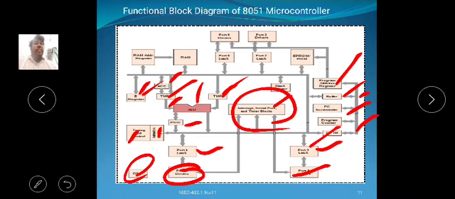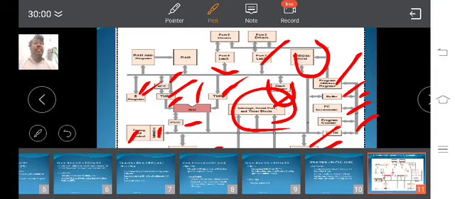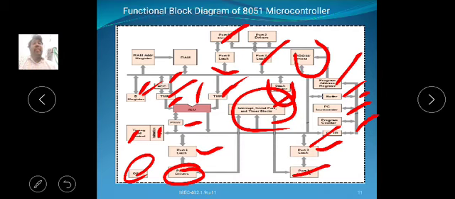The next one is the stack pointer, here EEPROM or ROM, and here the port 0 latch, here the port 2 latch, the port 2 drivers and port 0 drivers, here RAM and RAM address register.